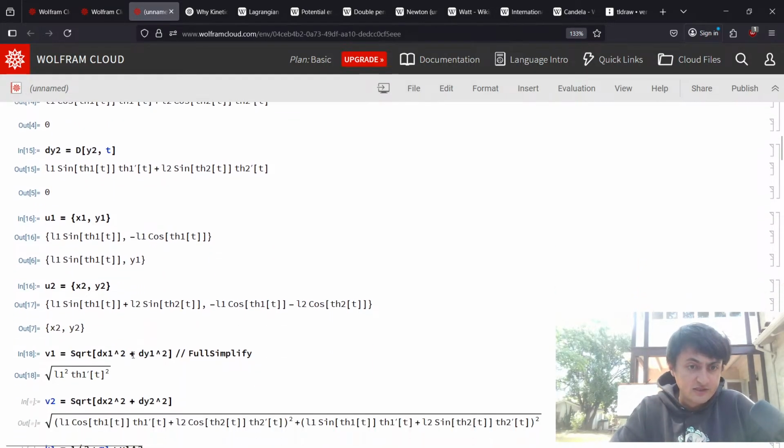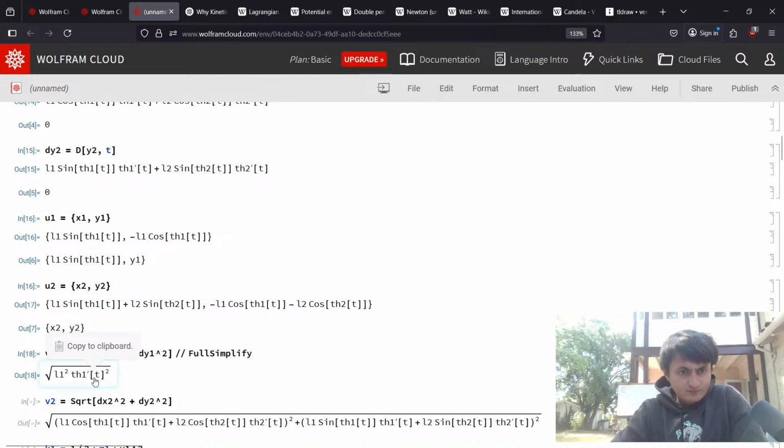It's the sum of the velocities. Is that what we had? I'm pretty sure that's what we had. Yes. Great. Which ends up equaling L1 squared theta 1 dot of t squared. Okay, great.